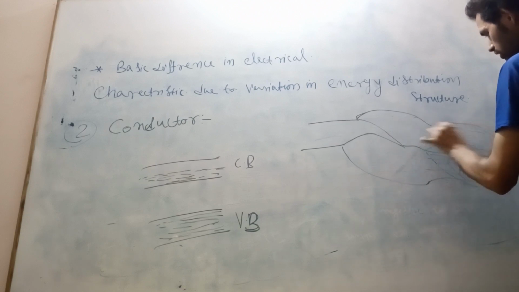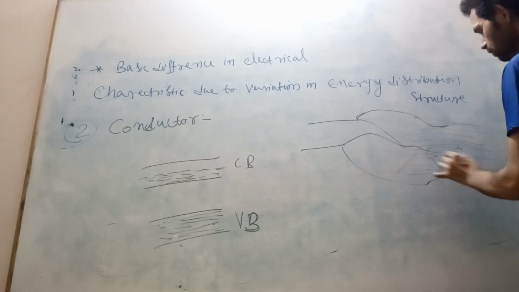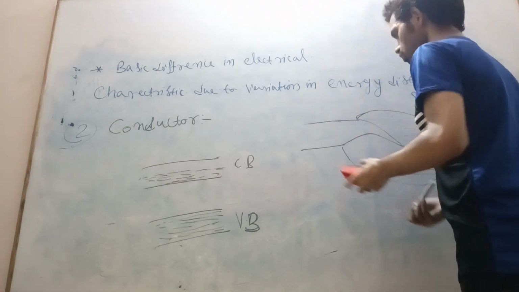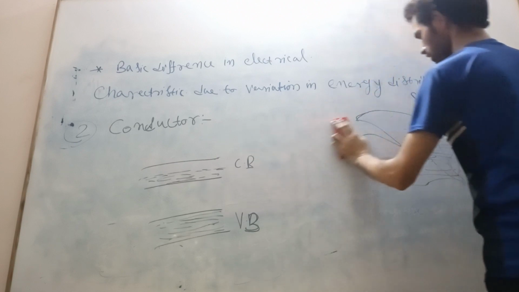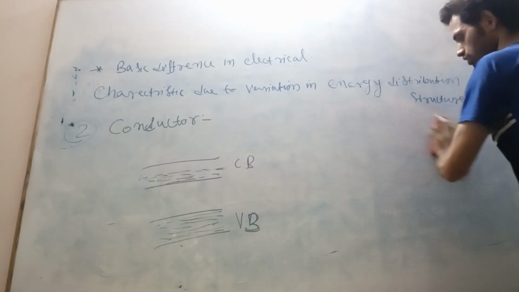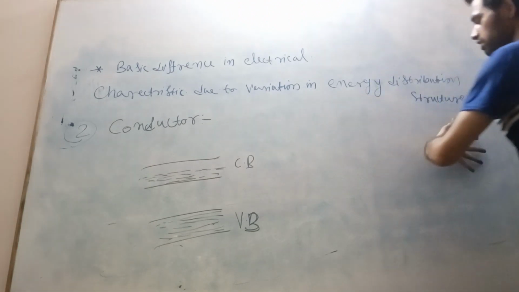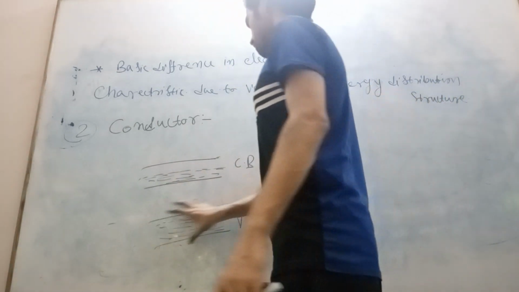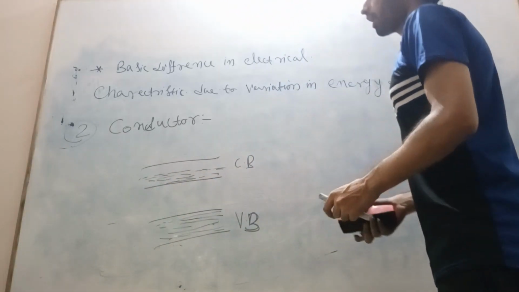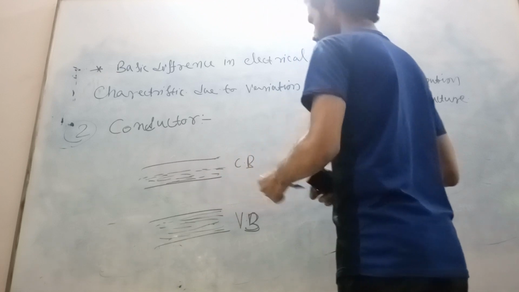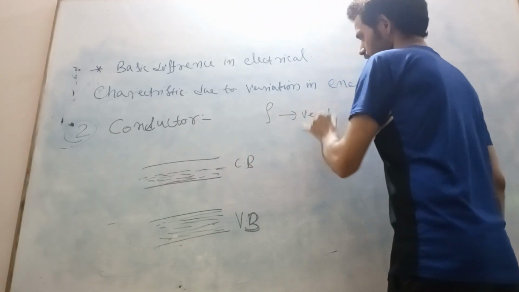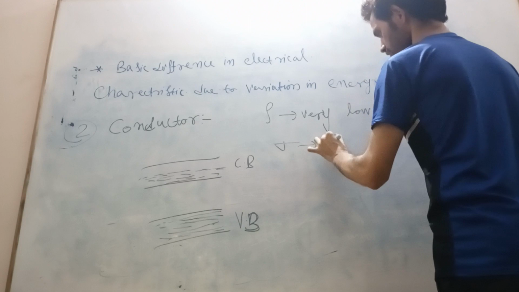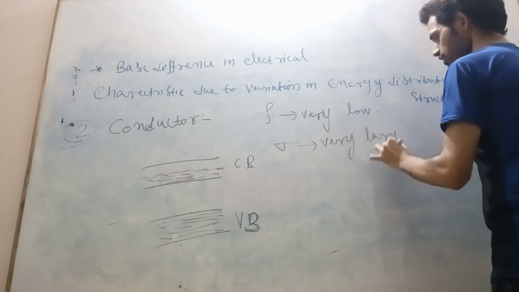This is the overlap between two bands, so there is no energy band gap for a conductor. The valence band is completely full and the conduction band is partially full, and hence the resistivity of a conductor is very low, and the conductivity is very large.